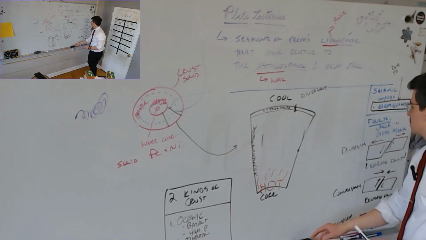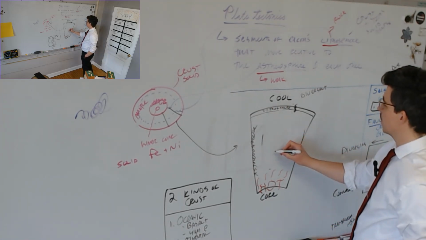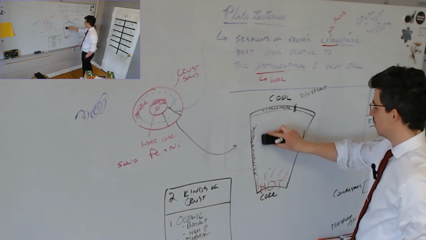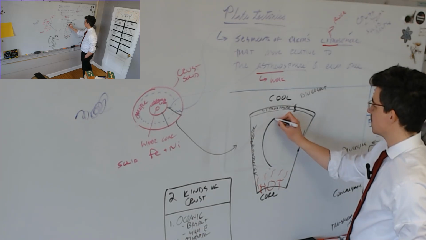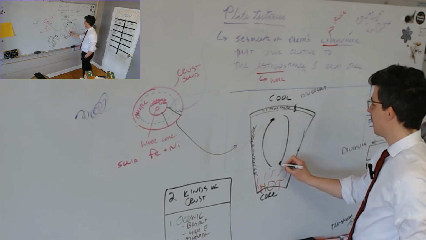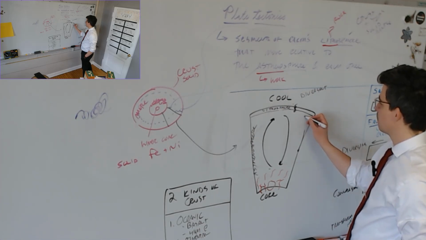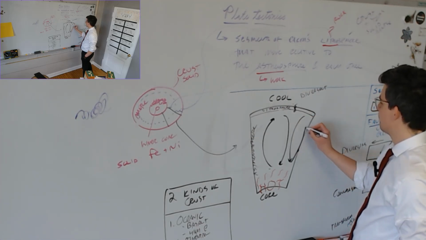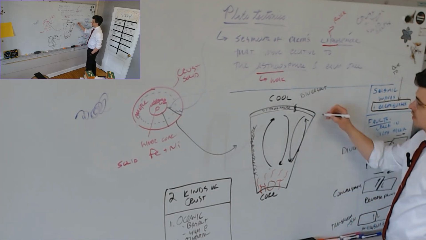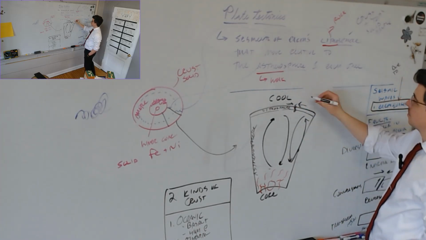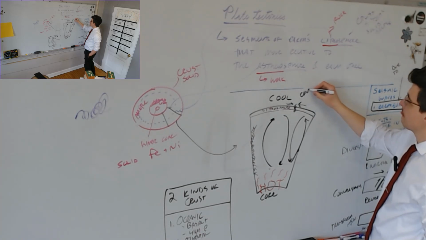Let's reverse these currents. Wow, I am really bad at knowing what to do. That was right, actually, so I'm going to redraw that. And then this one I want to go like this. There, two more convection currents. These ones are pushing these together. It's not divergent anymore, it's called convergent.